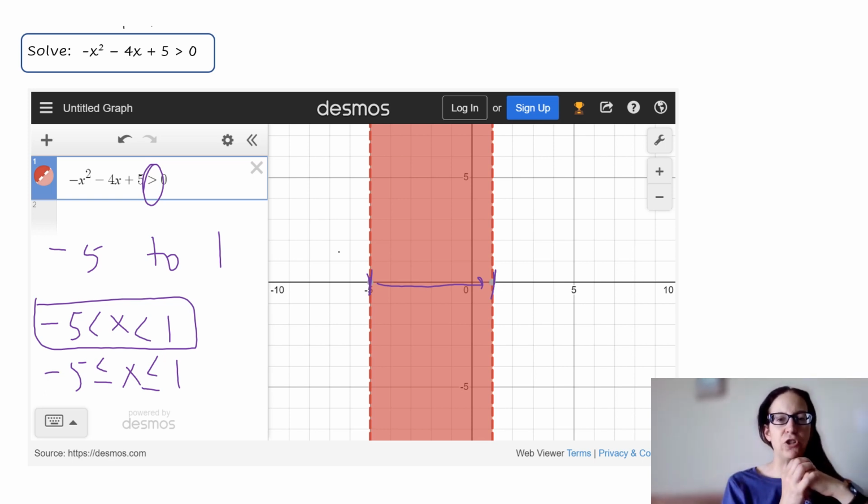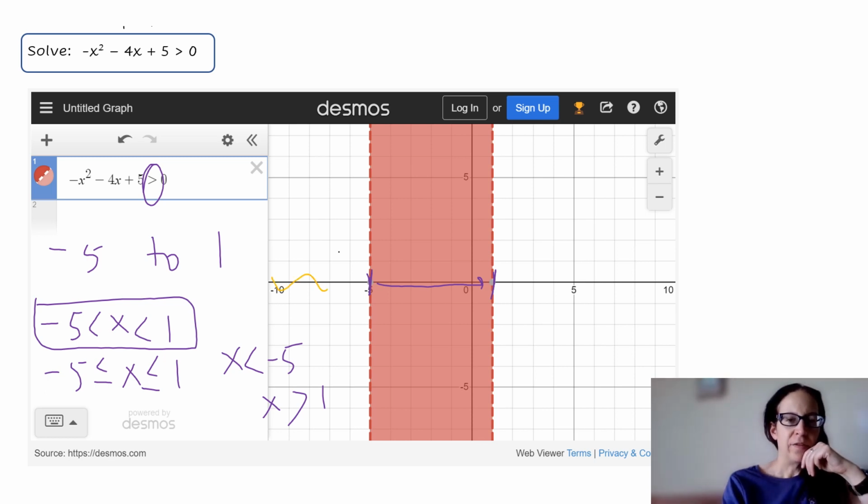Somebody might do x is less than -5, x is greater than 1, which would be these intervals out here.